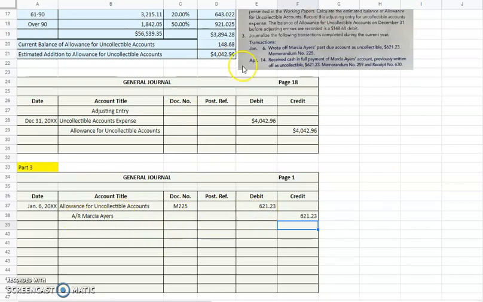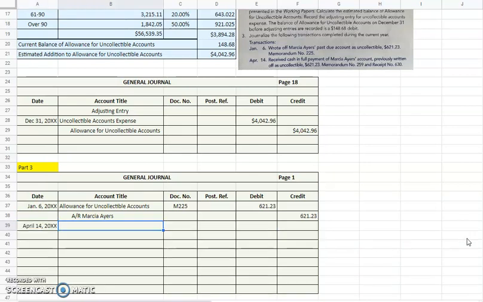However, on April the 14th, we received cash in full payment of her account previously written off as uncollectible. So now we get to reopen it just a few short months later, April the 14th. And this is accounts receivable, Marcia Ayers.